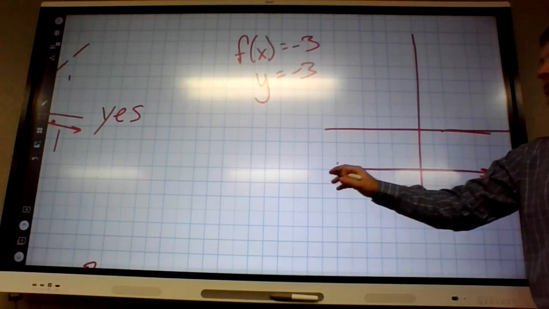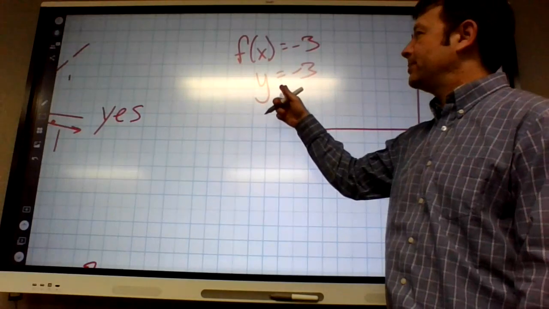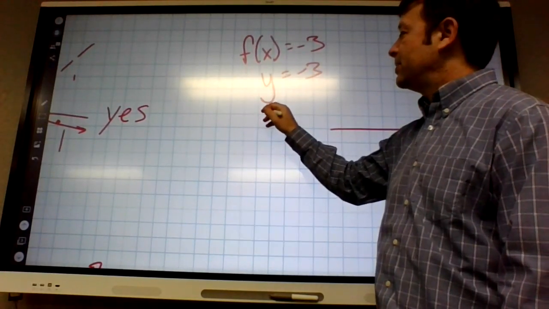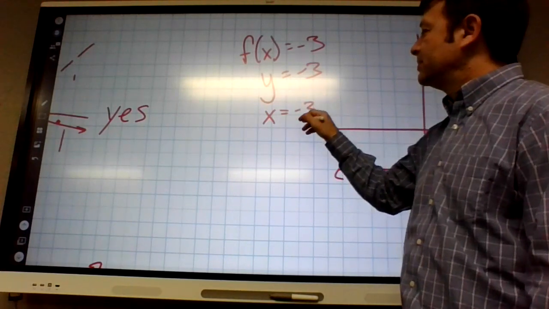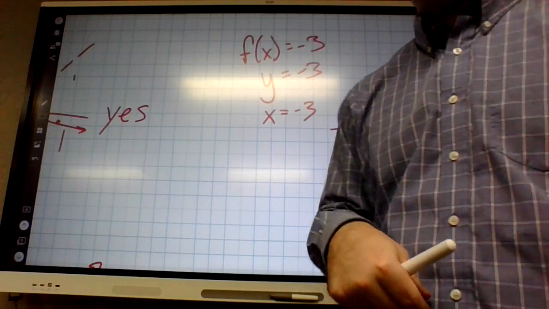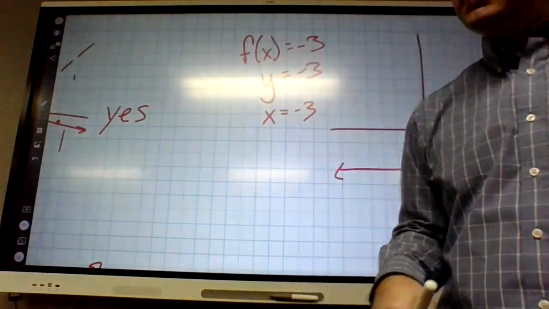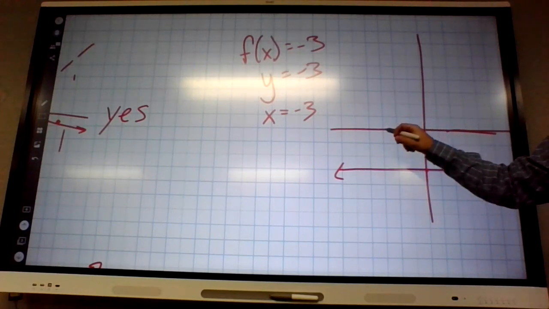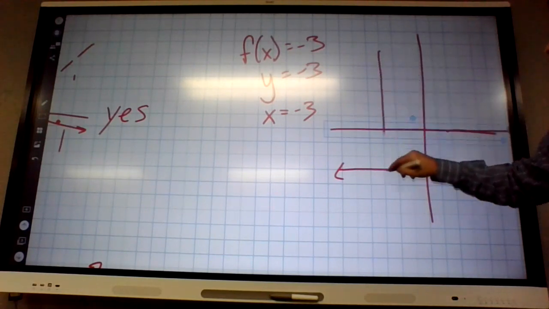Well, if I switch the x and y value, what's it going to become? x equals -3. So you can't write f inverse in that case. This is a weird one. For x equals -3, you just go to -3 on the x-axis and draw a vertical line.